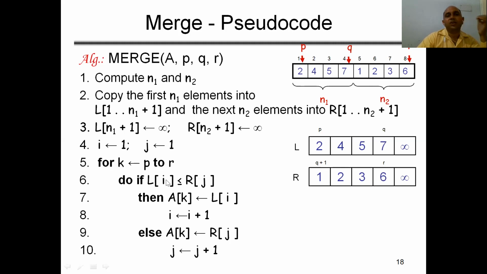It means the element of Li is smaller, so A k contains Li, and we increase the value of i. Else, Li is greater than Rj, so A k contains the element of Rj and we increase the index j. So this is the logic of how we can merge.